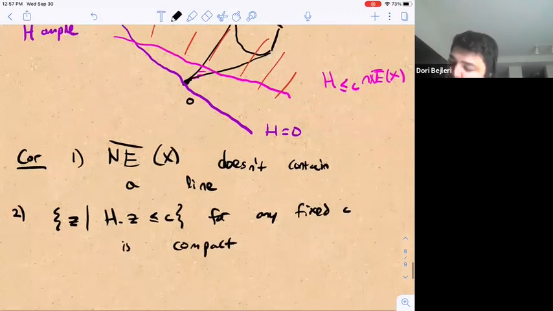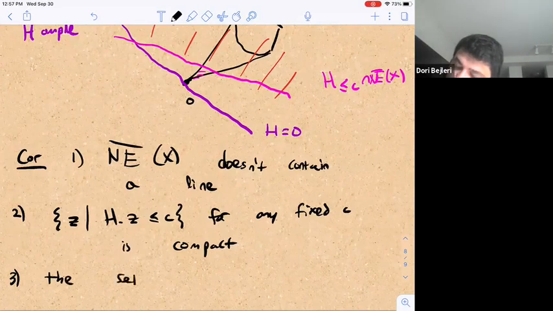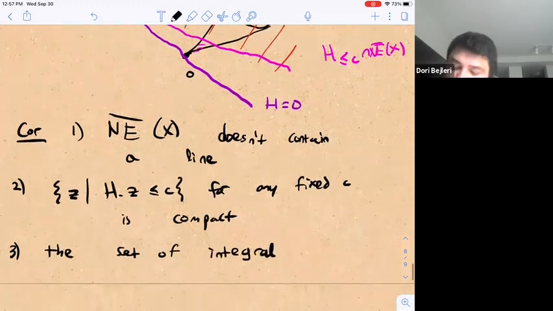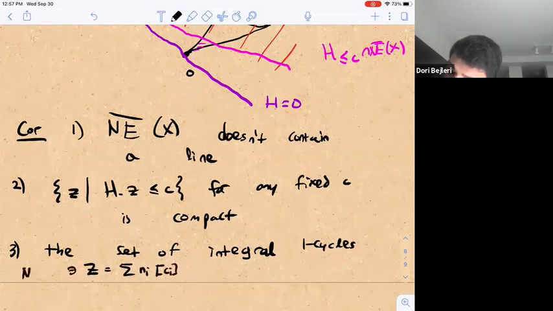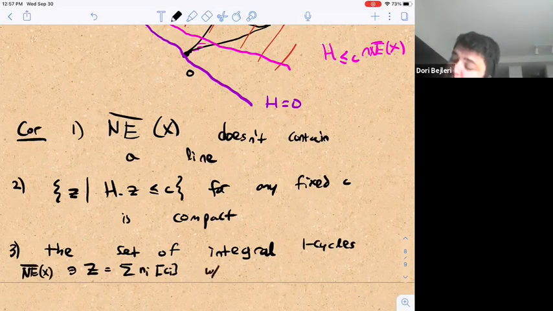And then corollary 3, which follows from 2, is that the set of integral classes now, meaning with integer coefficients, that are effective or pseudo-effective, with h dot z less than or equal to c is actually finite.